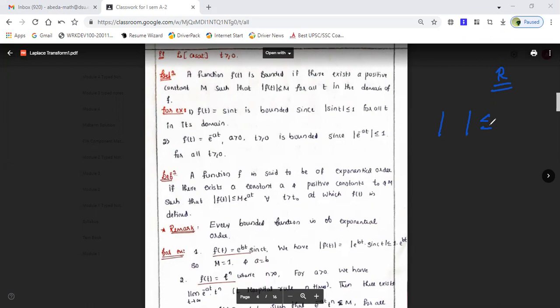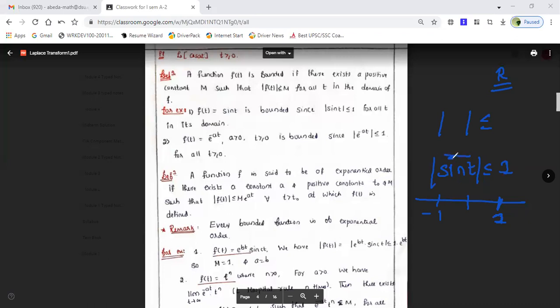For example, if I take the sin t function, it is said to be bounded. If you see the values, sin t will not cross -1 and +1. The maximum value it can take is 1, so sin t is less than or equal to 1 in absolute value.